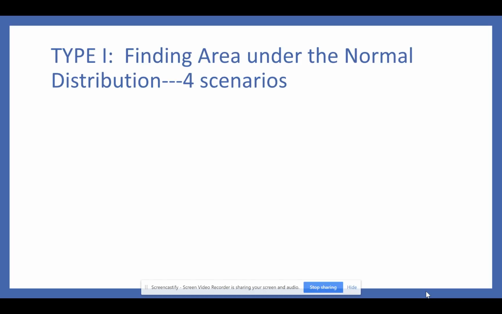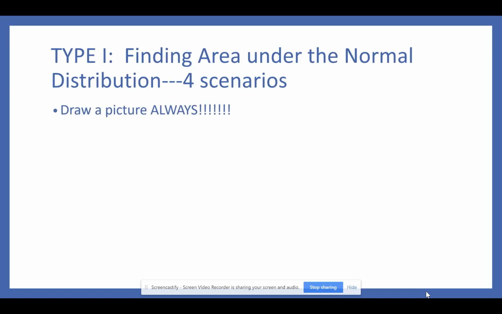So let's focus on type 1 first. With type 1, there's really 4 different scenarios that you can encounter. Again, you can have less than, greater than, between, or you can have what we call the tails.